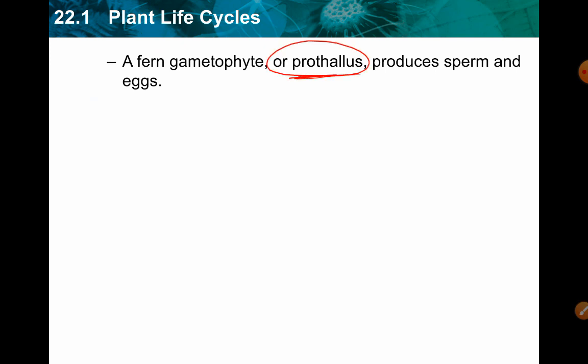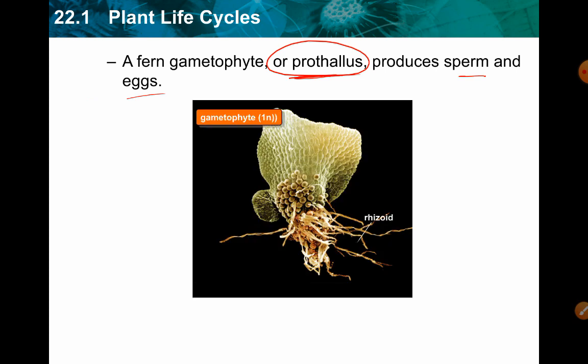you must know this word, produces sperm and eggs, and we are going to look at a figure or a picture explaining this. This structure, guys, in ferns, the gametophyte, its name is prothallus. What is the prothallus? The prothallus in ferns is the gametophyte phase.